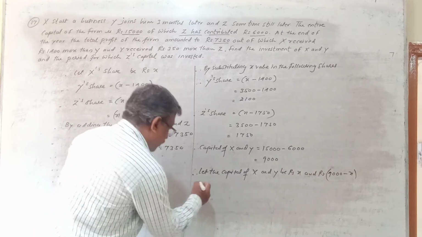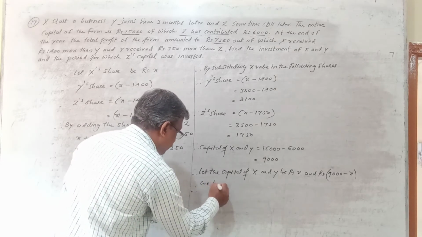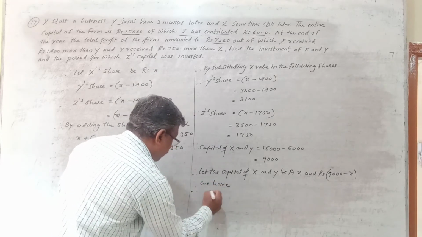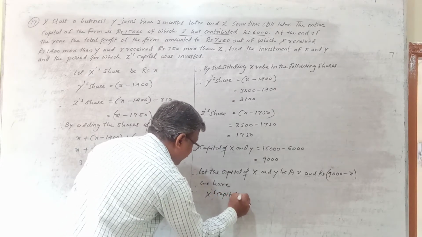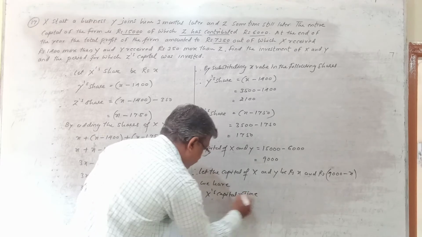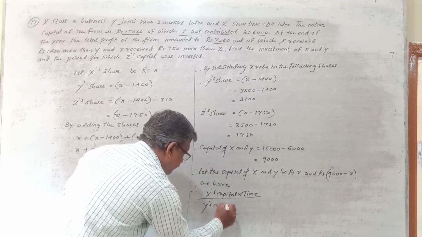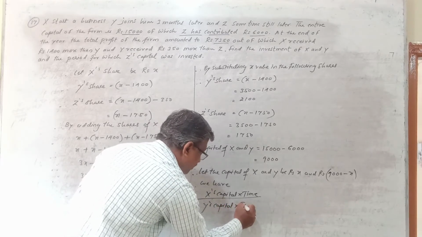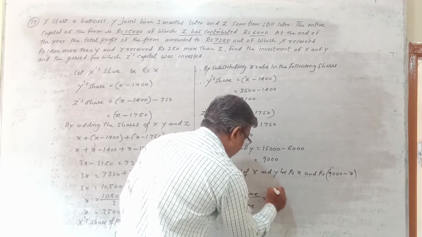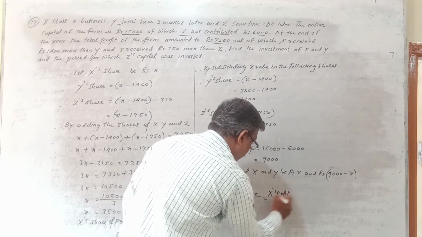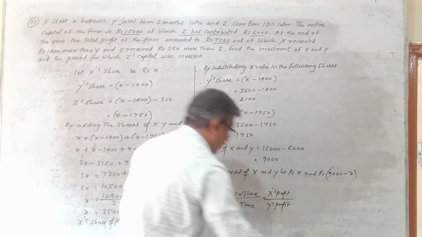So below that we can write, therefore we have, x's capital into his time divided by y's capital into his time equals x's profit divided by y's profit. Clear?